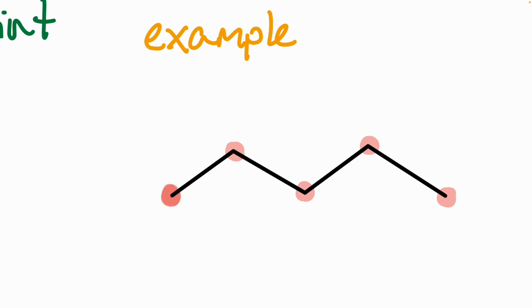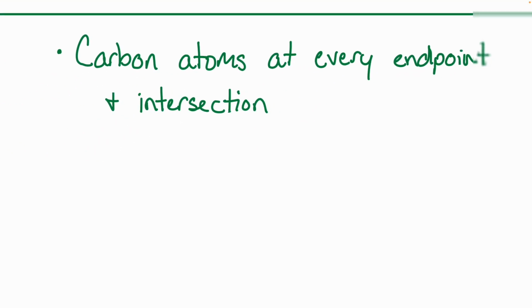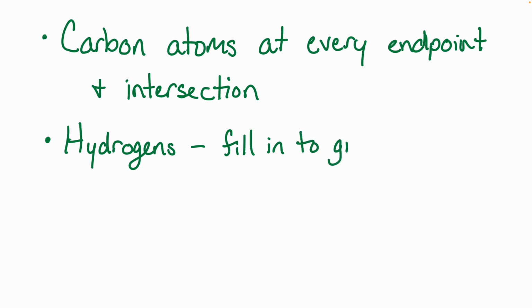Endpoints and intersections. 1, 2, 3, 4, 5. The hydrogens are also implied. So how do I know how many hydrogens to add? We're going to fill them in to give every carbon a full octet.